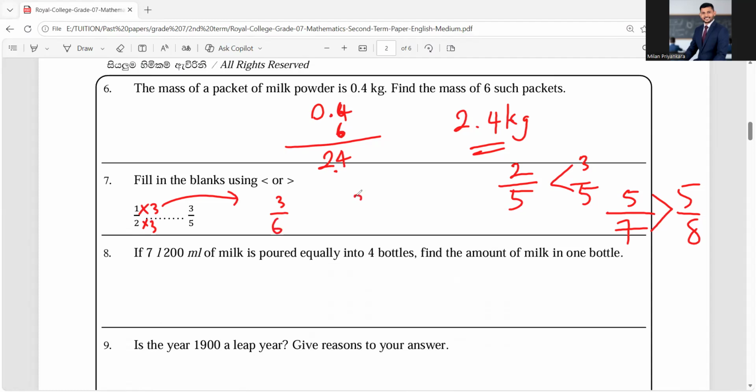And here you have 3 over 5. Then which one is greater? 3 over 6 or 3 over 5? You know that 3 over 5 is greater. Therefore, you can write your answer this way. Right. Because 3 over 6 is the same as 1 over 2. Okay, you better get like this. Fine.